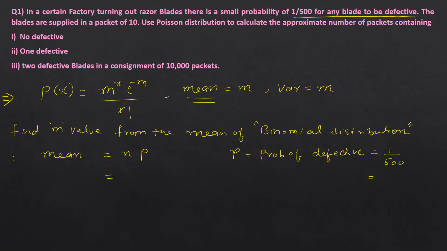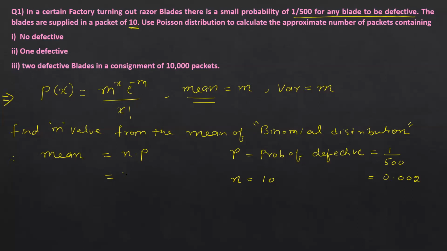So this is approximately, I think, 0.02. 0.002, I'm sorry. This is 0.002. So you can see the probability of success is very low. Now here n is 10, because they are supplying the blades in a packet of 10, so n is equal to 10 here.